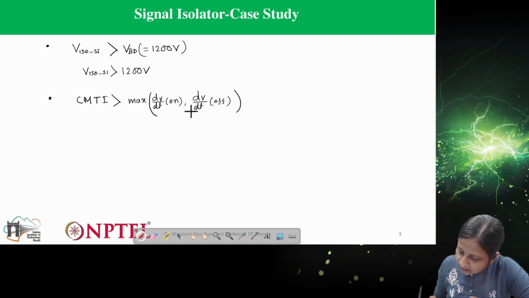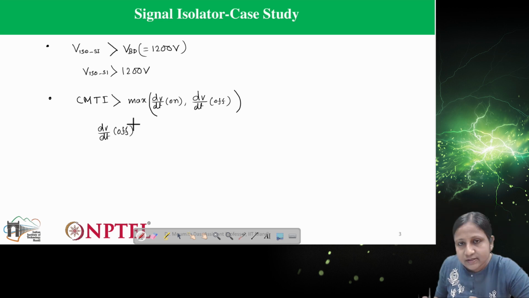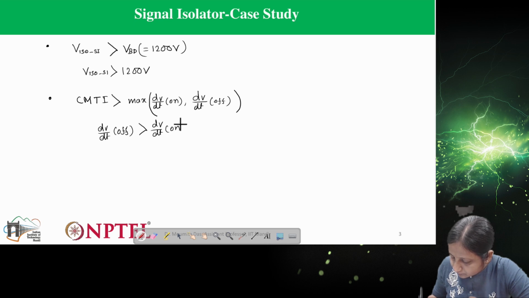So then in this case dV/dt during off time is maximum, and that is equal to 47 volts per nanosecond.